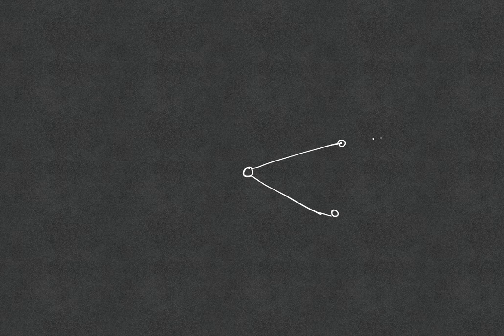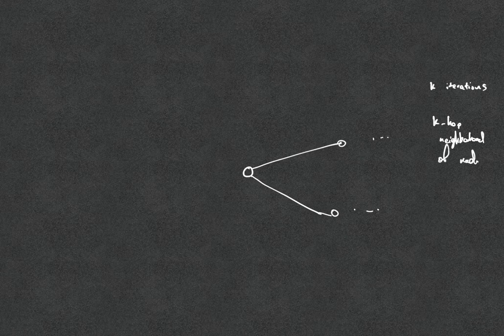And therefore, after k iterations, we have the k-hop neighborhood of node U to deal with. So in one iteration, you basically have access to your neighbors. In two iterations, two-hop neighborhood. And in k iterations, k-hop neighborhoods, of course.